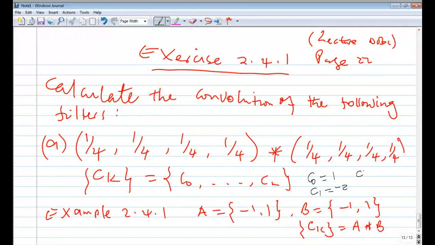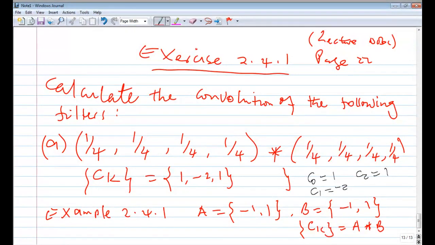Okay. C2? It's 1. So you're done. Therefore, your CK is 1, minus 2, 1.